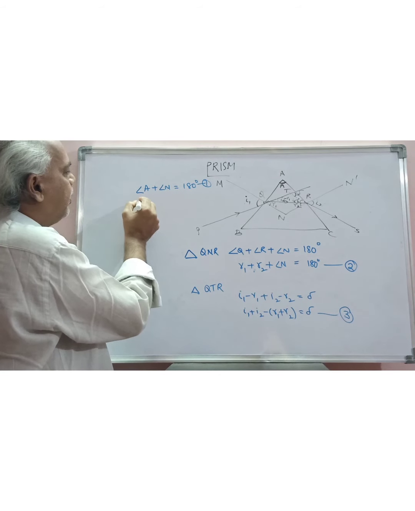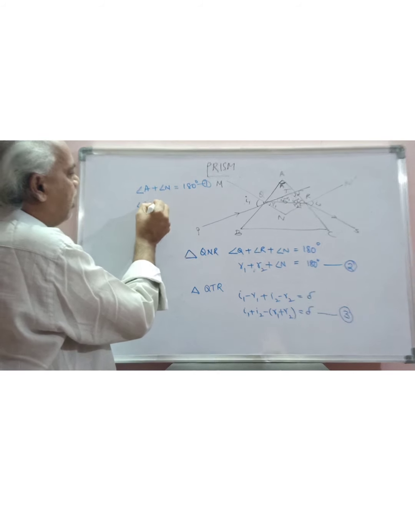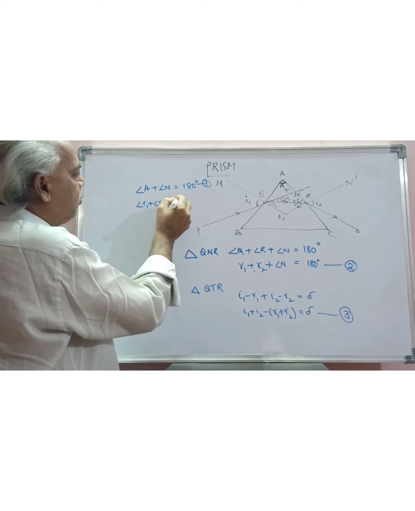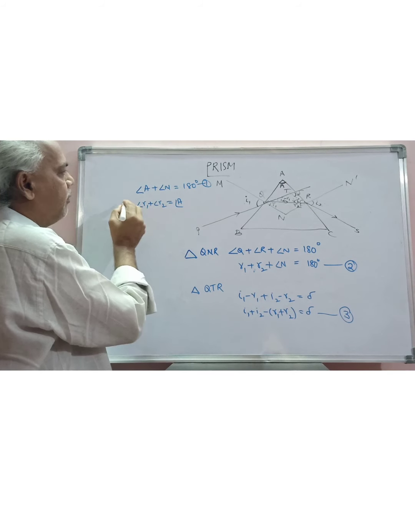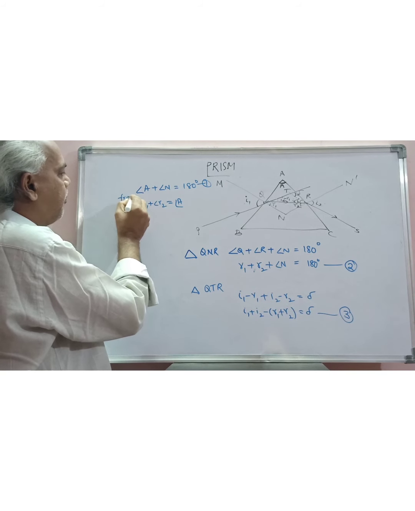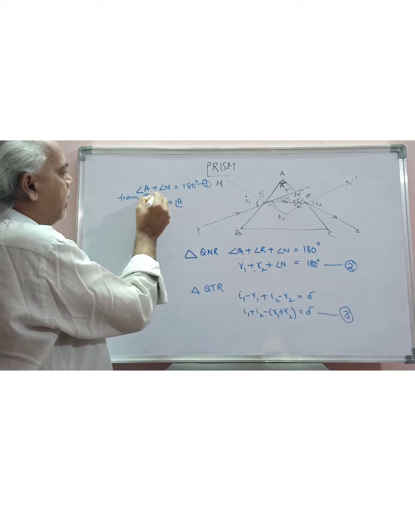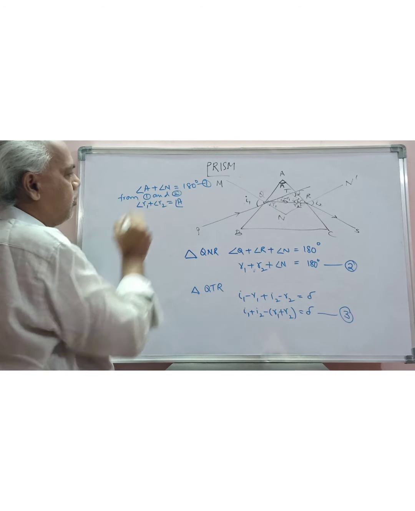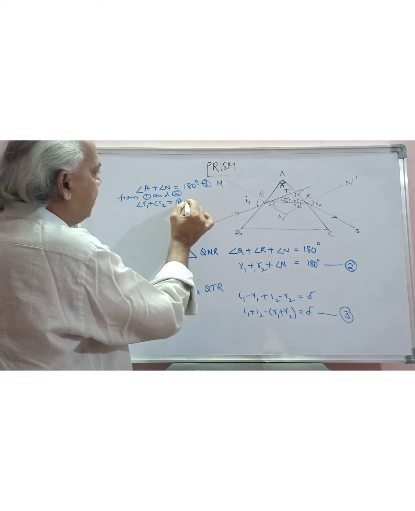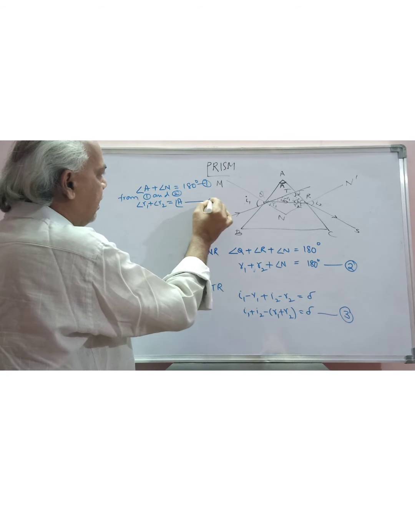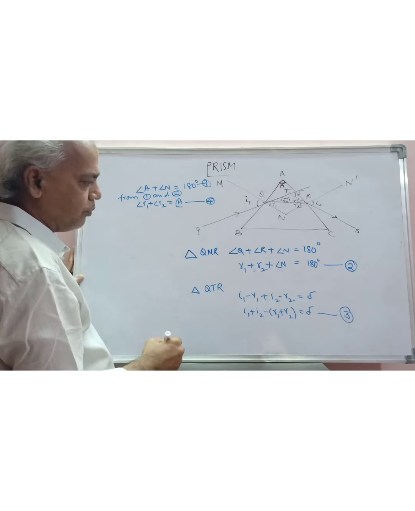So, angle R1 plus angle R2 is equal to the angle of the prism A. This is equation number 4.